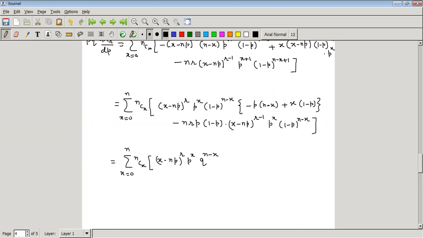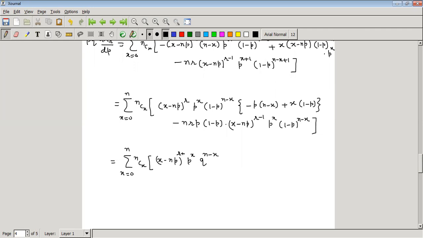And when we solve the term in the bracket, we get minus np plus px plus x minus xp. So px and px cancel, so we get x minus np. So x minus np into (x minus np) to power r becomes (x minus np) to power r plus 1.